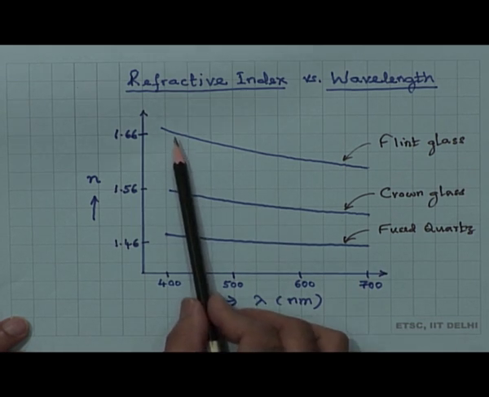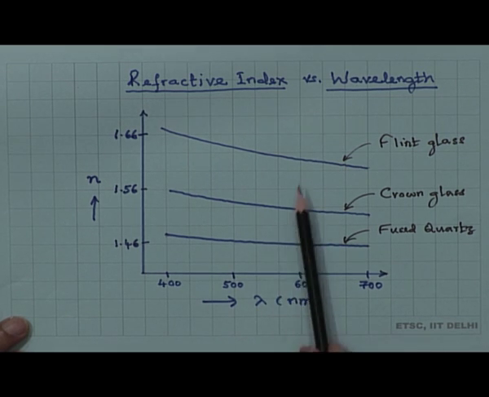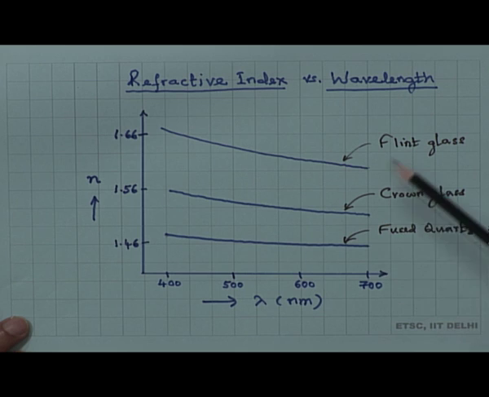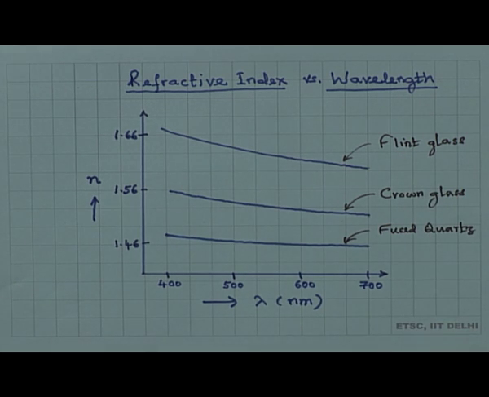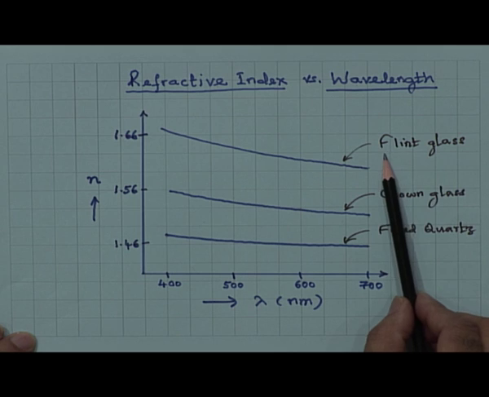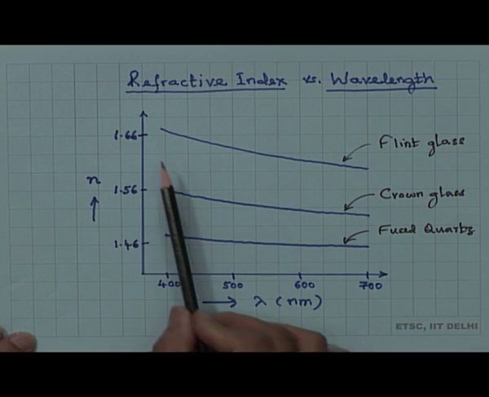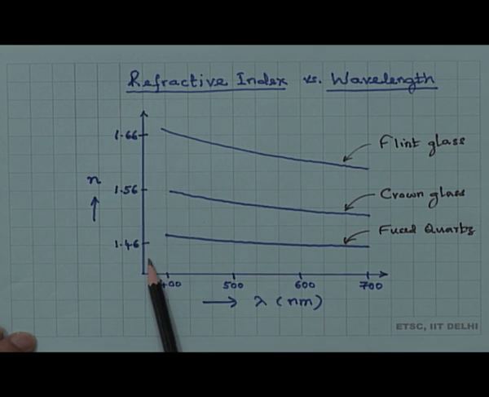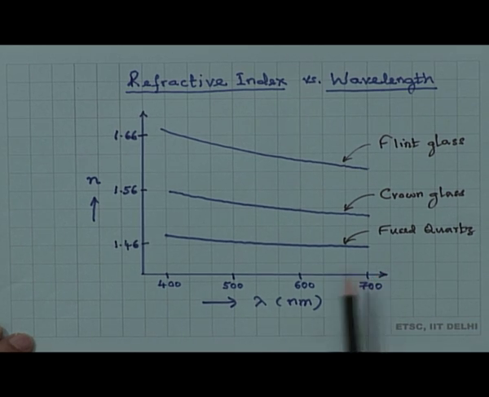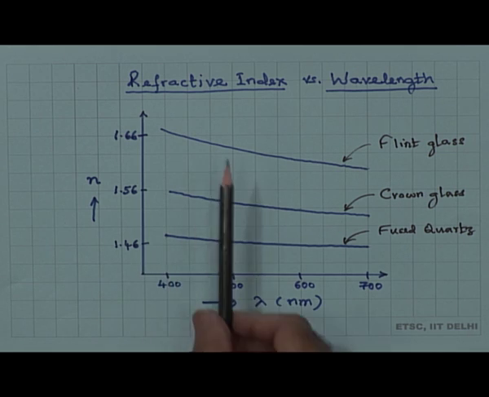That is called dispersion. Dispersion for different materials will be different, but qualitatively the refractive index decreases as wavelength increases.